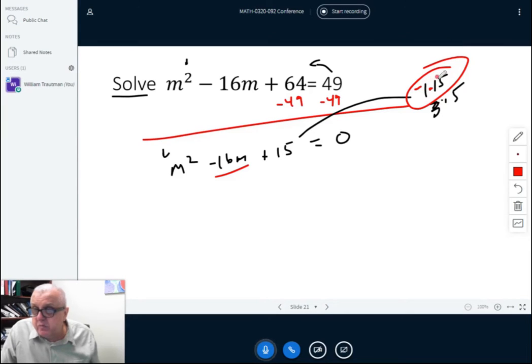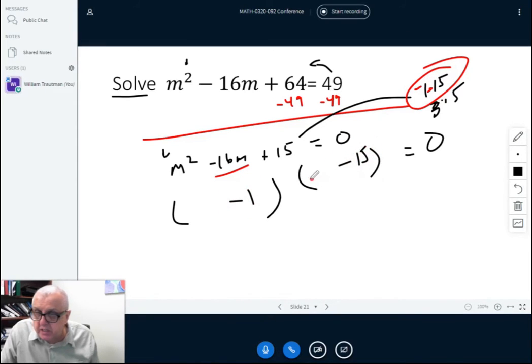If I multiply negative 1 times a negative 15, I end up with a positive 15. So this works. So this problem factors to negative 1 and negative 15, with an m and an m first because of the m squared.